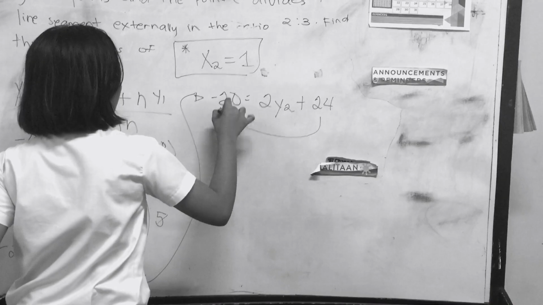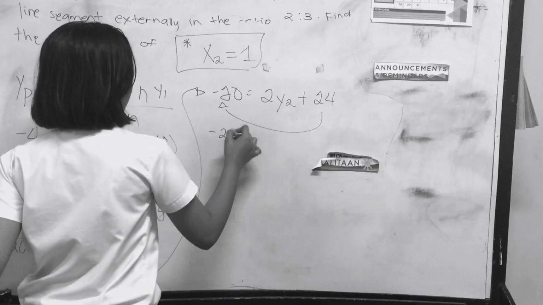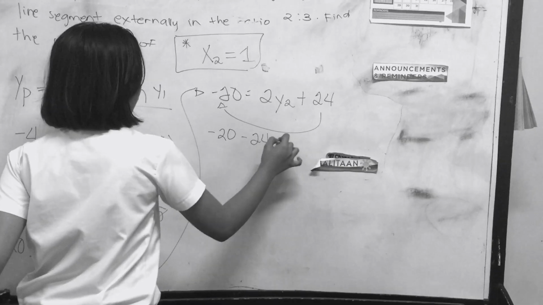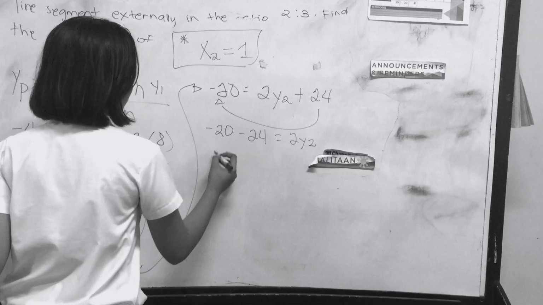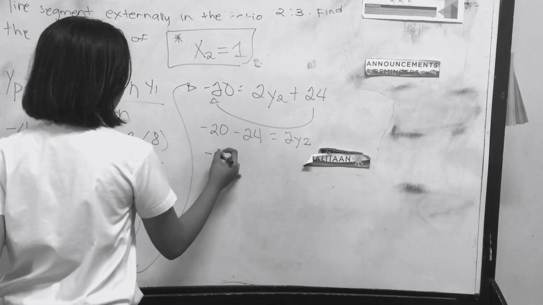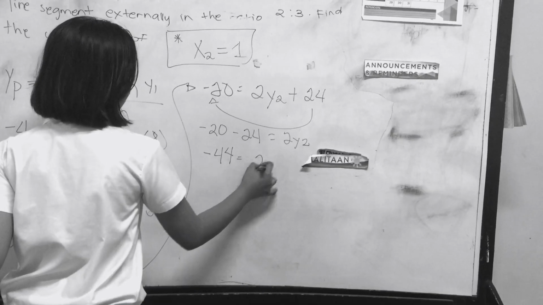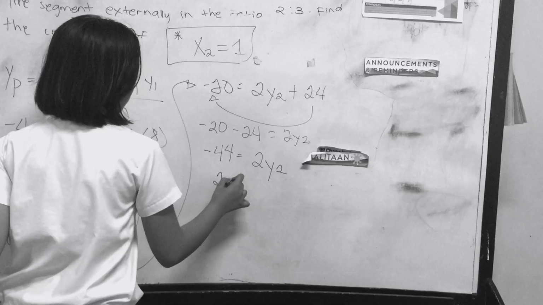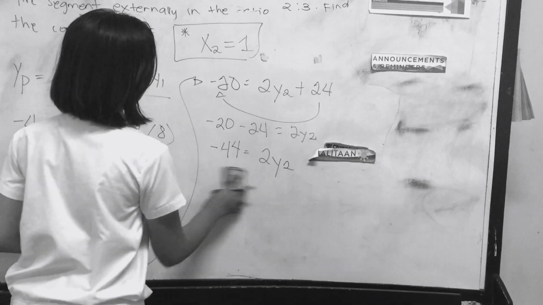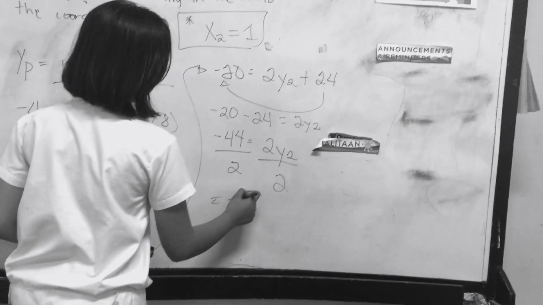Transpose the 24, it's going to be negative 20 minus 24 is equal to 2 y sub 2. Negative 20 minus 24 is negative 44. Divide both sides by 2 and our y sub 2 is negative 22.